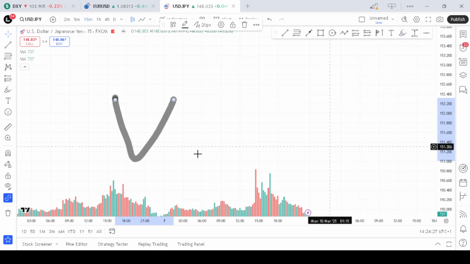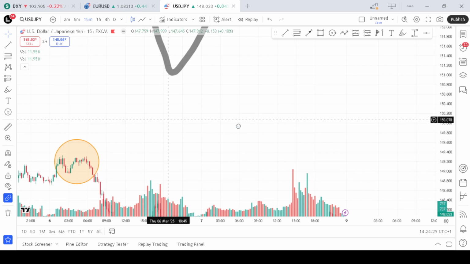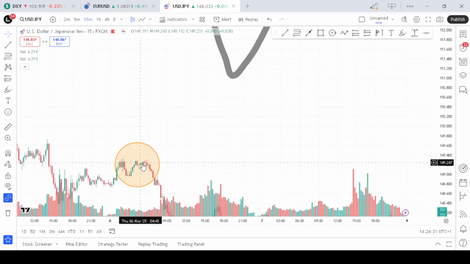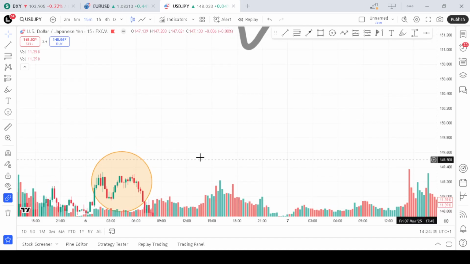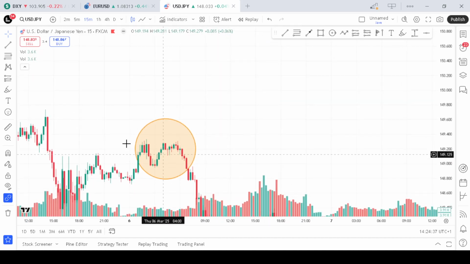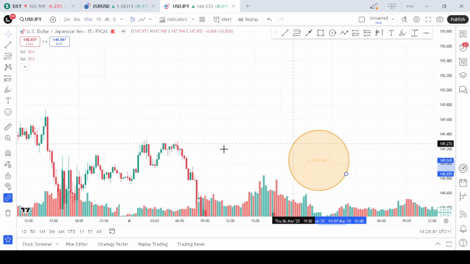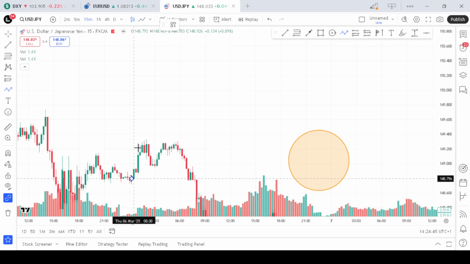This is an example of the pattern on my chart. This is an example of the Adam formation. This sharp part on my chart, this is the sharp part. As we can see, the V shape on a bearish pattern.